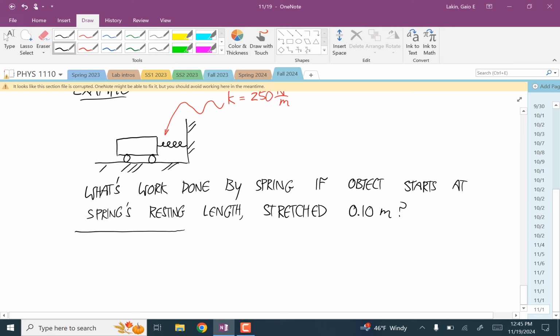Well, we're going to do the same thing we did again, except this time instead of gravitational potential energy, we're going to use spring potential energy.